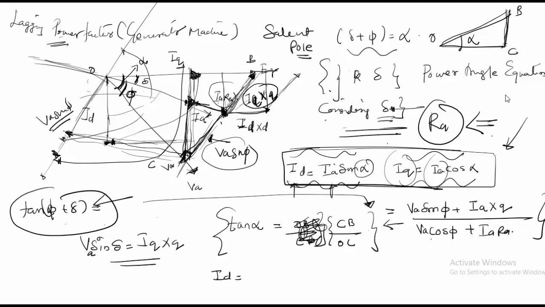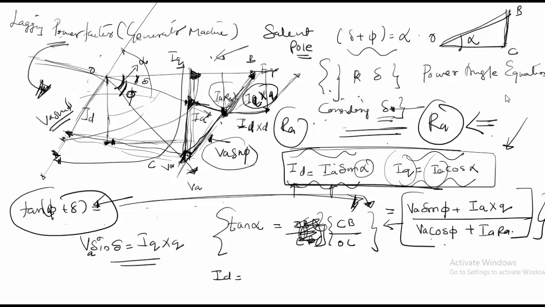It's possible to simplify this equation and get a more general equation, but I will not go into detail, because if you know this, it's possible to find out the other equation. If you have a problem in which you are to consider the resistance Ra also, then you can solve it using this phasor diagram or the equation based on this phasor diagram.